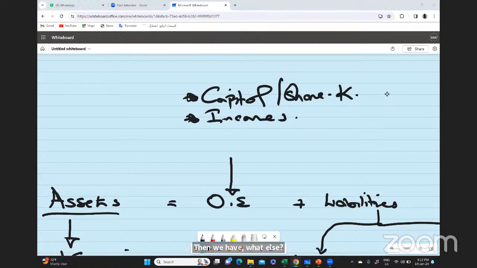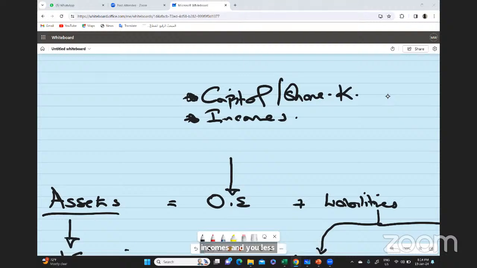What else? Retained earnings. Now, if someone says retained earnings, he has simply combined the two things, incomes and expenses, and they have just gotten the overall result. Are we together? Because if you get incomes and you less expenses, you get profit.